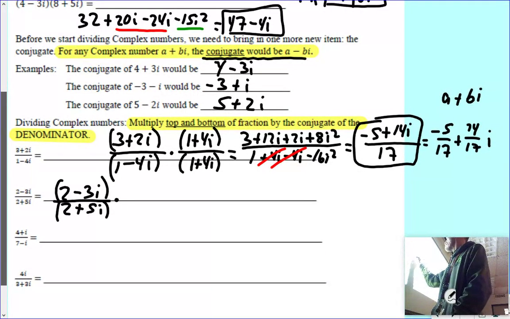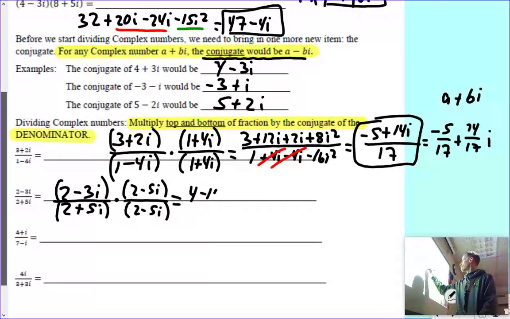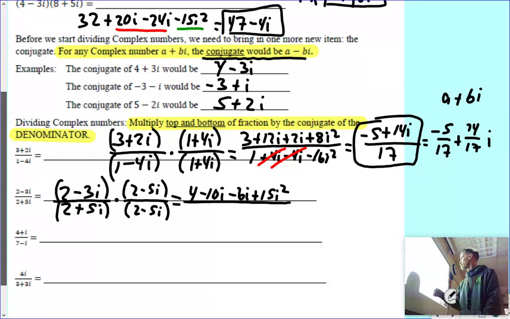So again, conjugate of the bottom, in this case it would be 2 minus 5i. Now I'm not going to talk while I do this, I'm just going to work out each the top and the bottom. While I do this, see if you can follow along and see what the numbers are going to be.